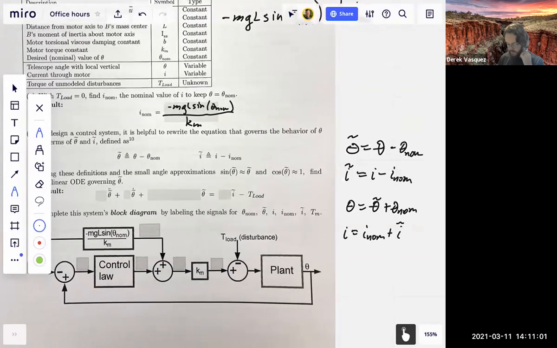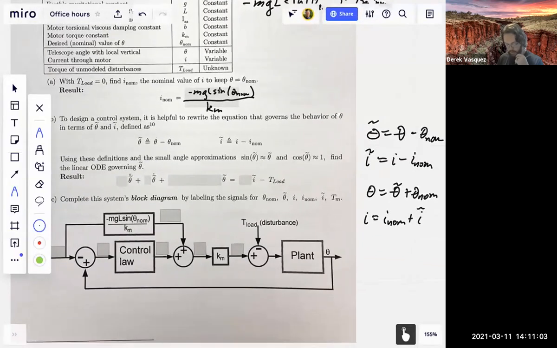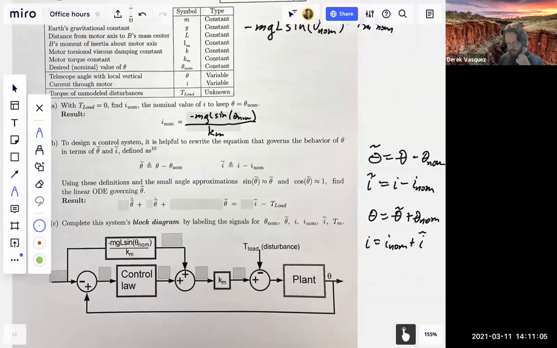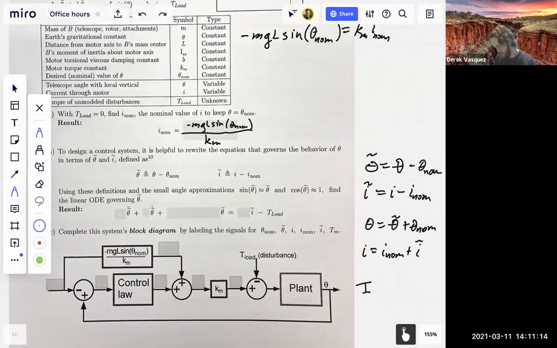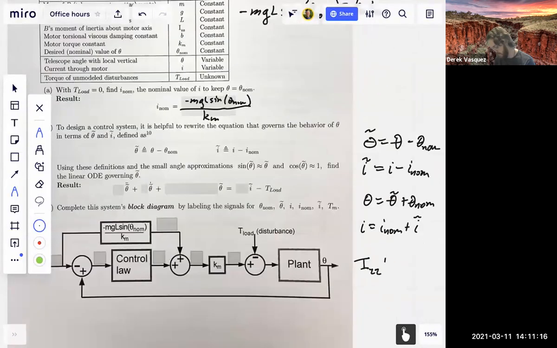Okay. So for that first term, the theta double dot term, we have IZZ theta double dot.